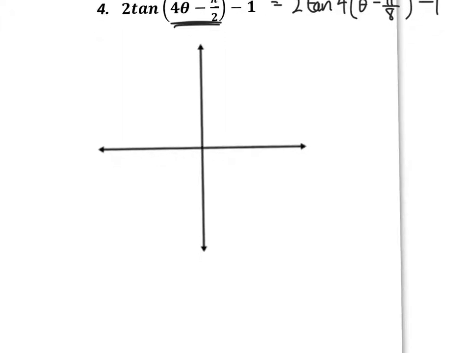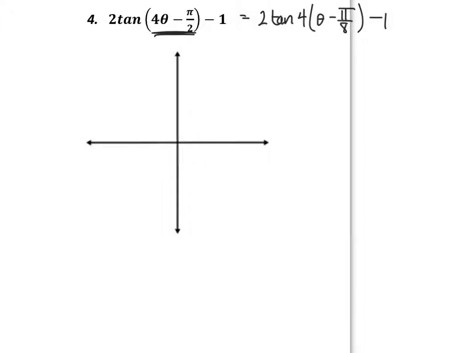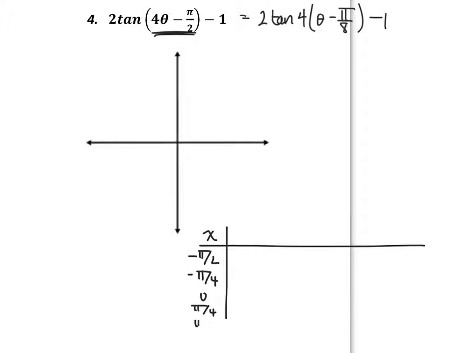All right, so now I'm going to show the chart concept. So I have my chart. My original x values for tangent are negative pi over 2, negative pi over 4, 0, pi over 4, and pi over 2.